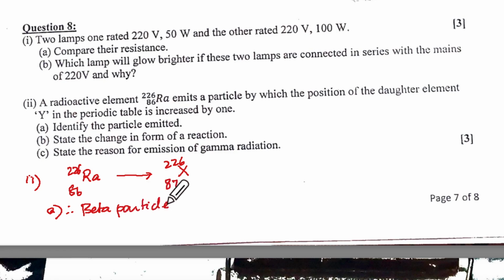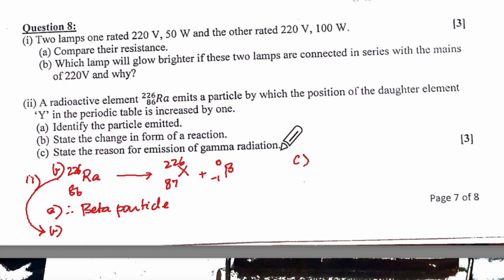Simple things will make you lose the marks if you state the change in the form of a reaction. The reaction is already written, so I'll just write like this. So this is your B answer. I could write B over here and then write C below this.